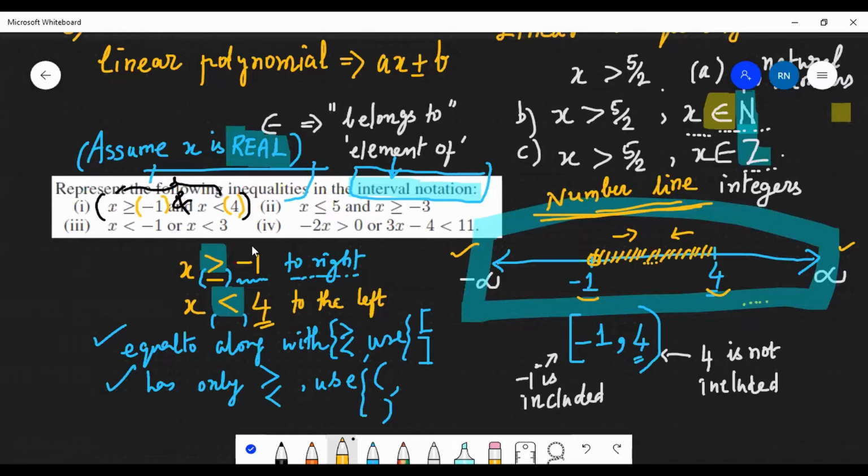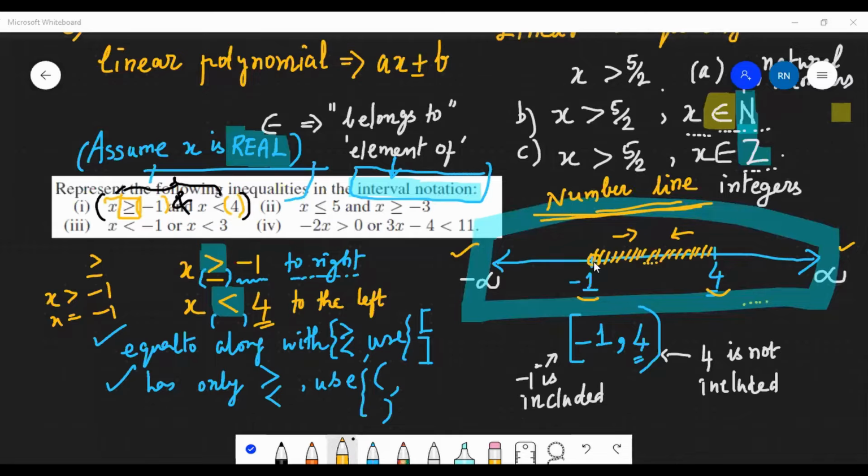Now, x is greater than or equal to minus 1, that means the x values start from exactly minus 1, and x is equal to minus 1 also, so minus 1 is included.